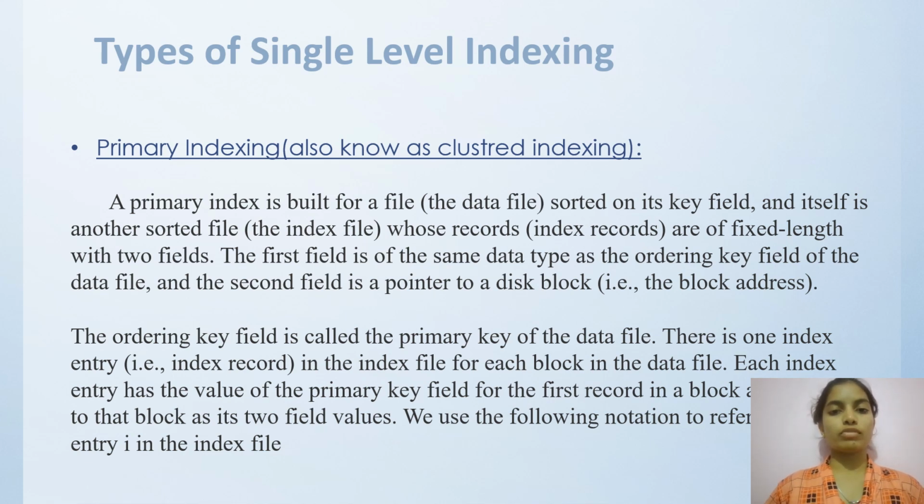The ordering key field is called the primary key of the data file. There is one index entry in the index file for each block in the data file. Each index entry has the value of the primary key field for the first record in the block, and a pointer to that block as its two field values. We use the following notations to refer to the entry i in the index file.